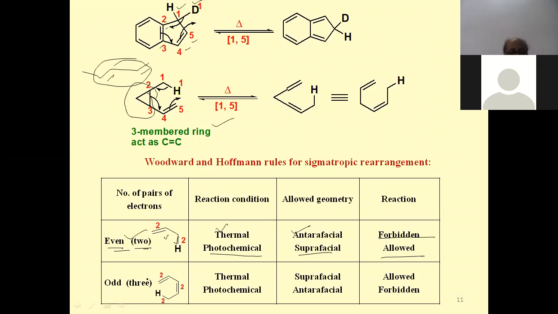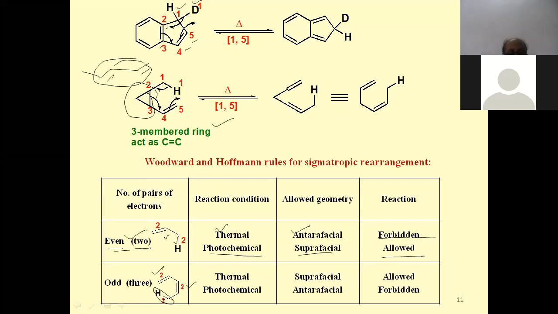When we come to 1,5, what is this? This is the 1,5 system, 1, 2, 3, 4, 5. But how many electron pair systems are there? 2 is coming from this one, another 2 is coming from here, and another 2 from this sigma bond, because in the sigmatropic shift there will always be a sigma bond involved.